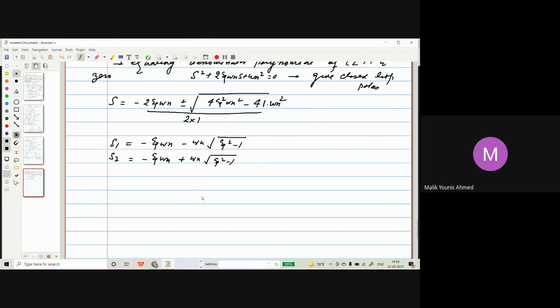Next, the closed loop transfer function of the system in the factorized form.